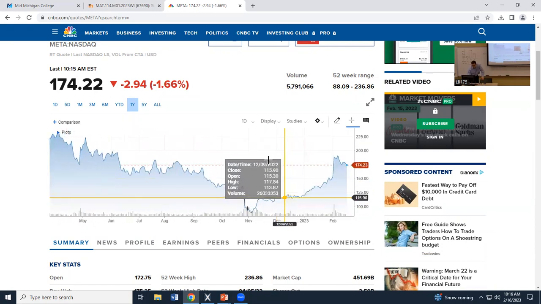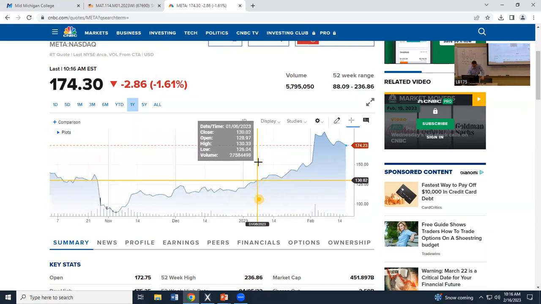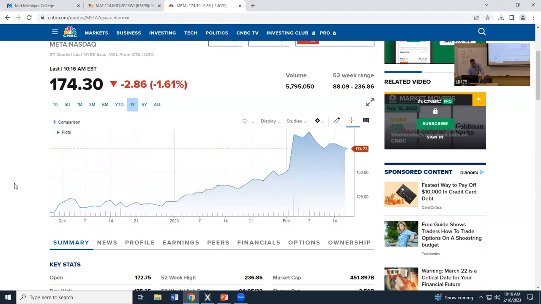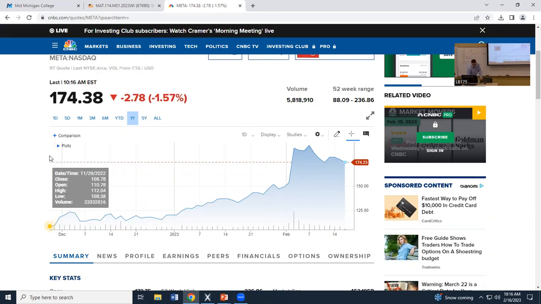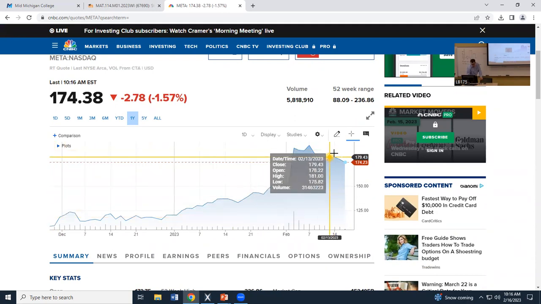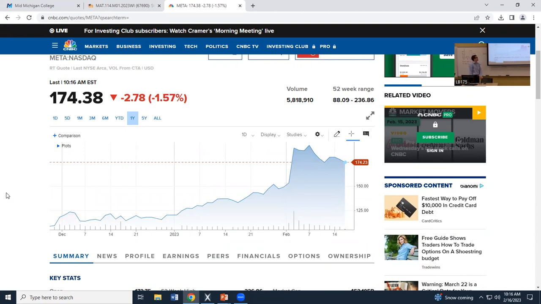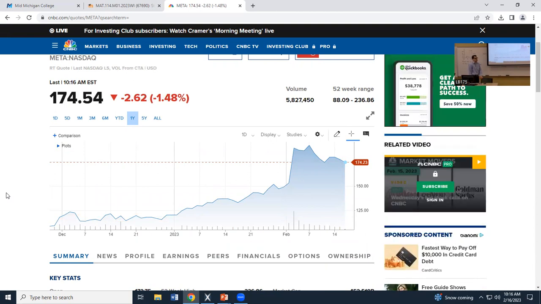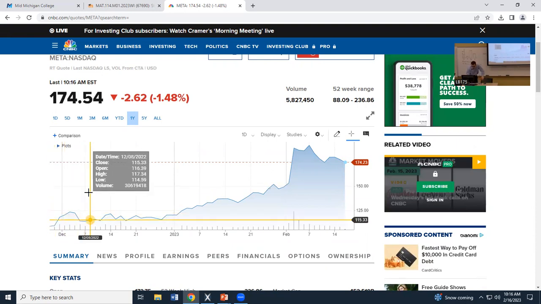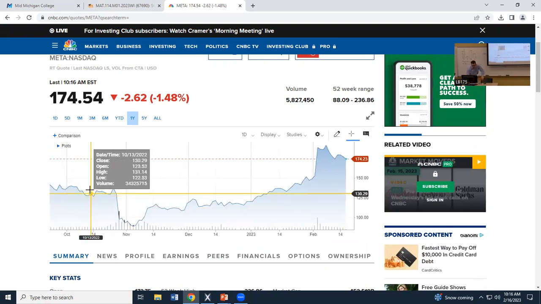However, if I wanted to try to convince you to buy Meta stock, maybe I give you this picture. Right? The over the last few months picture. Over the last few months, Meta stock started out at just over 100 and now is at 174. That makes sense. So time periods matter.